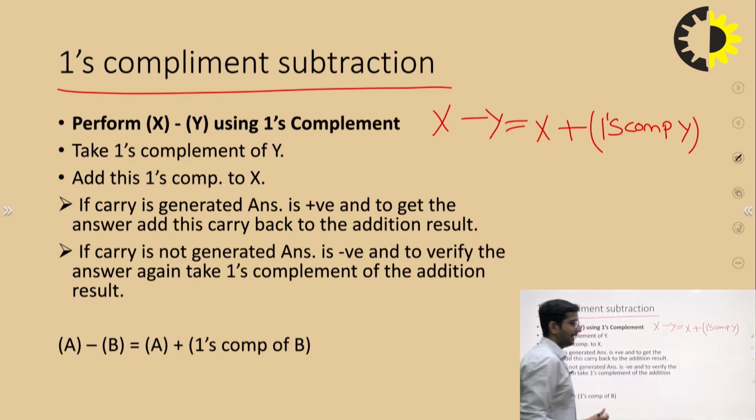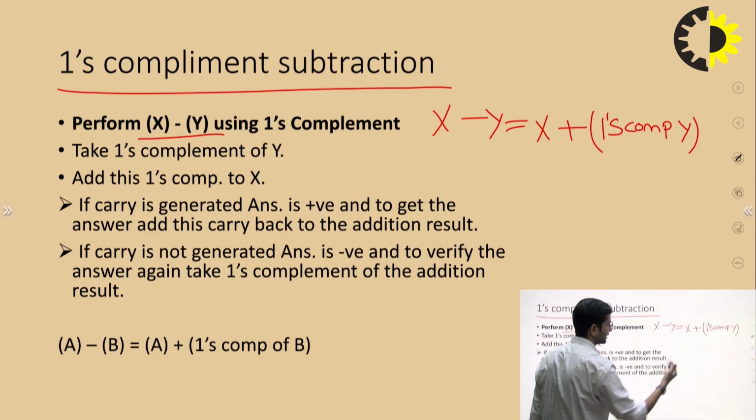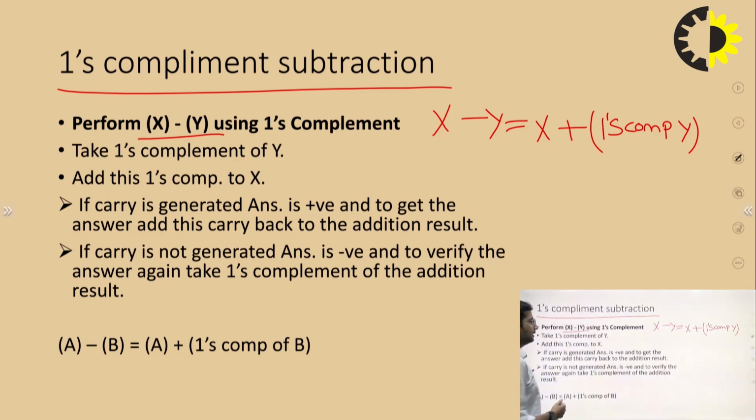That means any negative number, if we take the ones complement of it, will represent a positive number. So instead of performing x minus y, we can perform x plus ones complement of y.